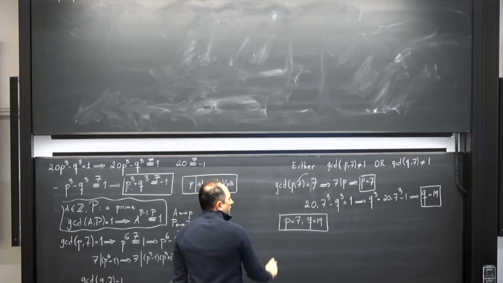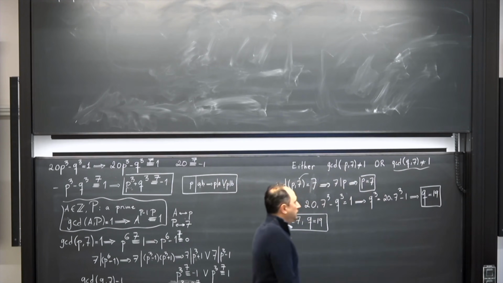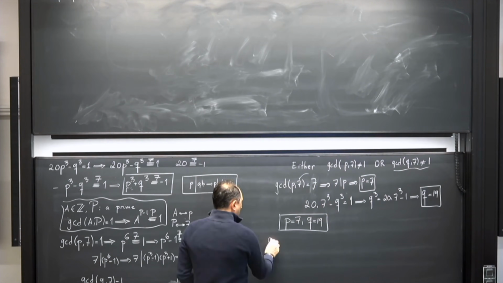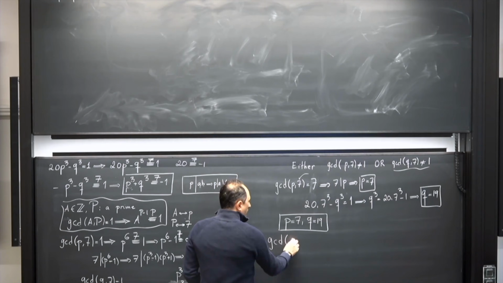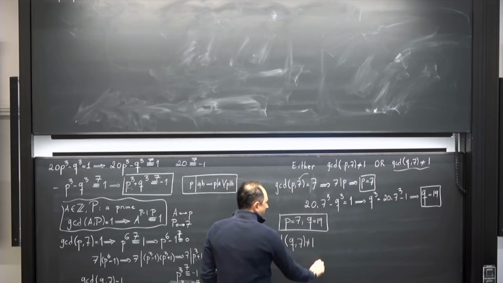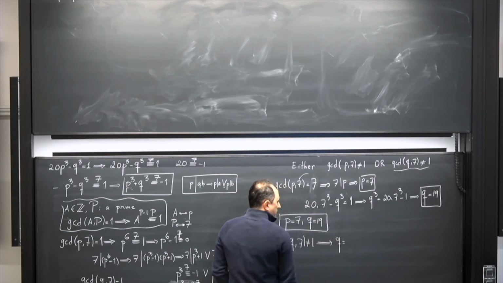But the other scenario might be this is going to happen. But this will not give rise to any acceptable solution, because when you say GCD of a prime number q and 7 is not equal to 1, exactly as I explained here, you can conclude that because q is a prime number, q has to be 7.